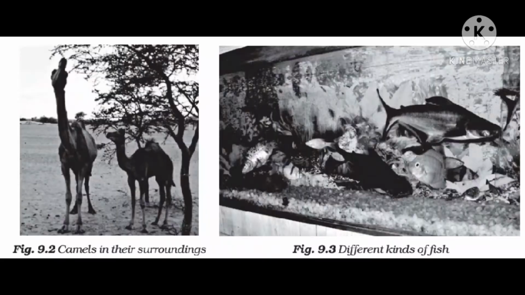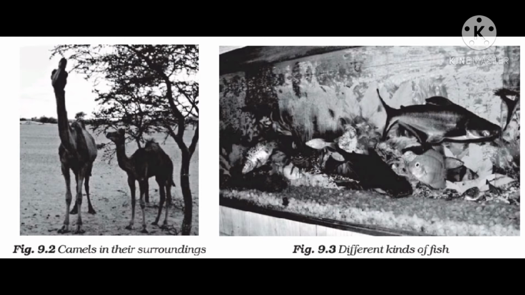Here we have taken only two examples from a very wide variety of animals and plants that live on the earth. In all this variety of organisms, we will find that they have certain features that help them live in the surroundings in which they are normally found.